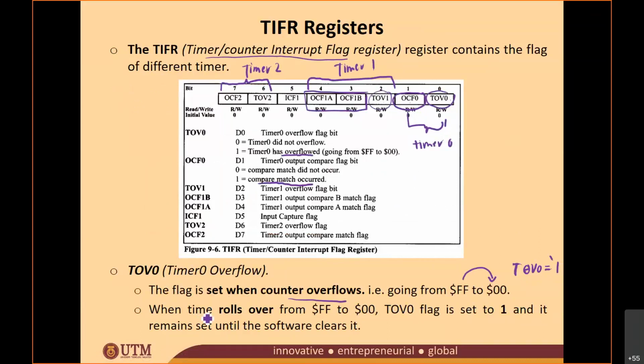So when the timer rolls over from FF to 00, the TOV0 flag is set to 1, and it remains set until the software clears it, which means you need to reprogram in order to clear the value.